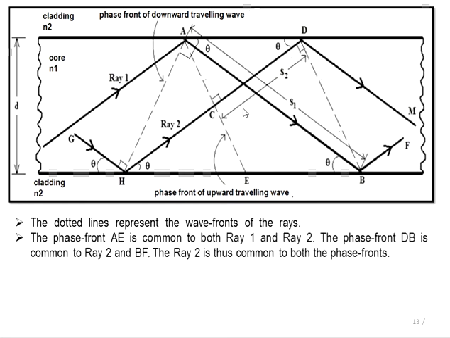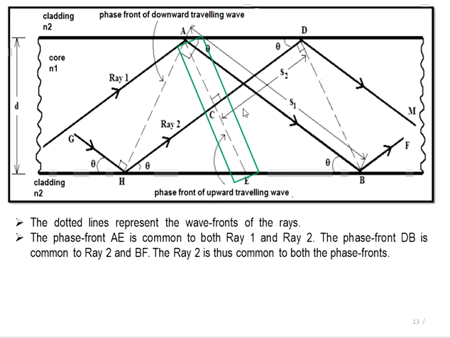The wavefront AE, as shown in the figure, is common to ray 1 and ray 2, because what we define as a wavefront is a line perpendicular to the direction of propagation of the light ray.